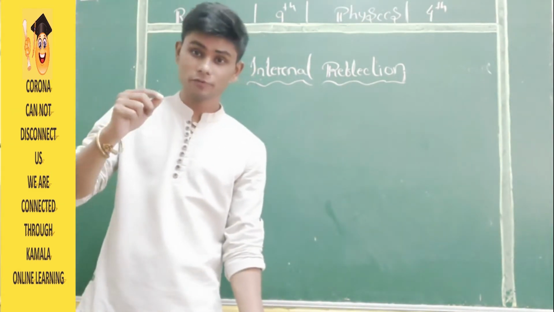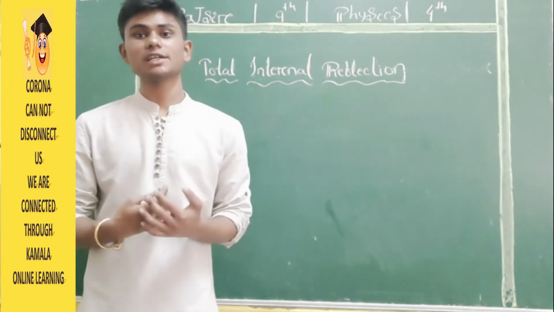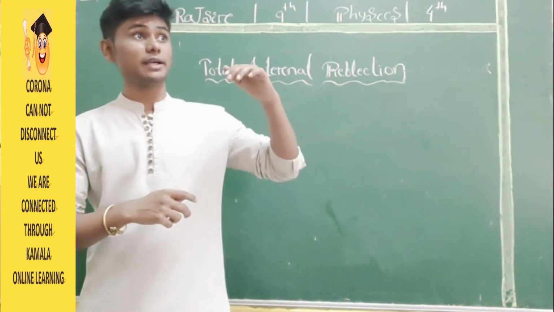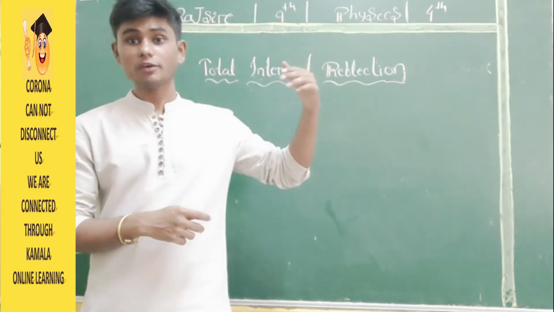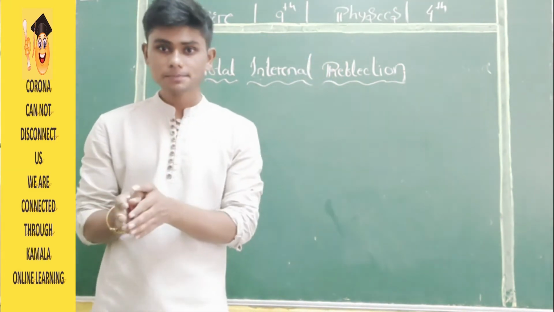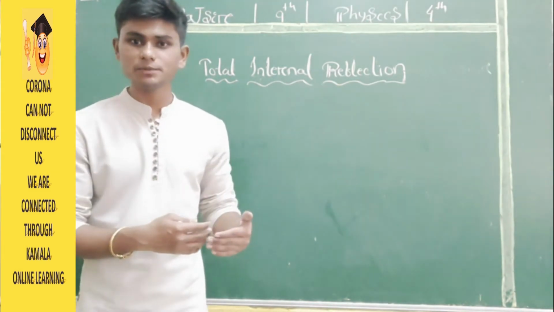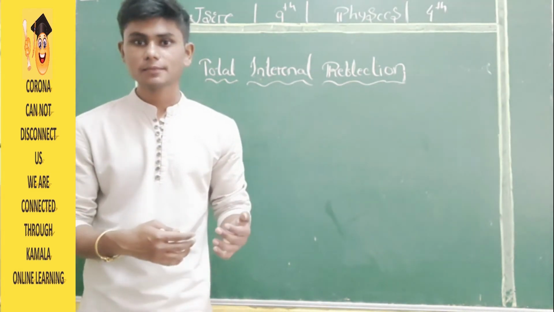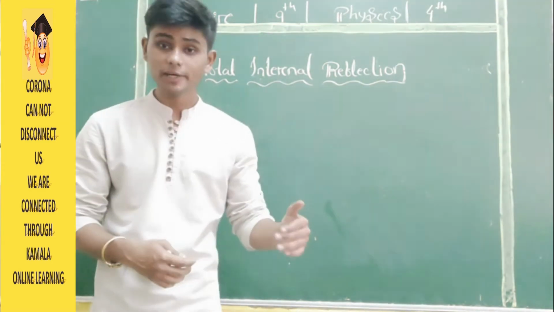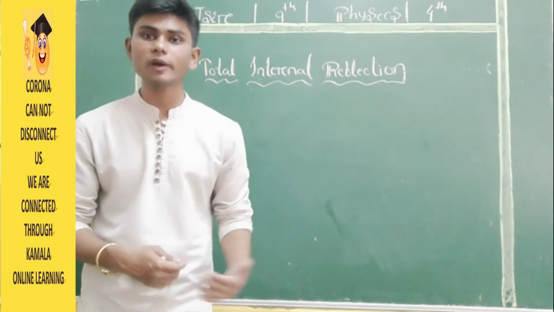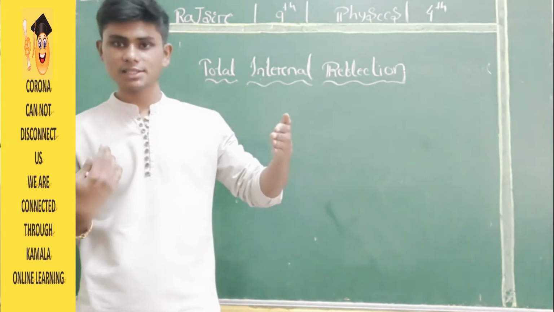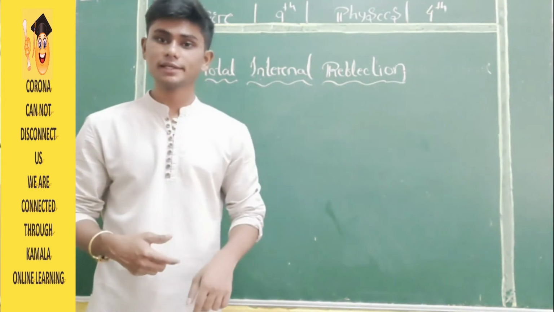This is a kind of refraction, but it is giving us reflection. In our first class, when we were reading about refraction and reflection, I told you that opaque objects will always give us reflection, and transparent objects will always give us refraction. An opaque object cannot give you refraction, right? But here, a transparent medium itself is giving reflection, which seems impossible. A glass can never reflect your image, but here it will reflect.